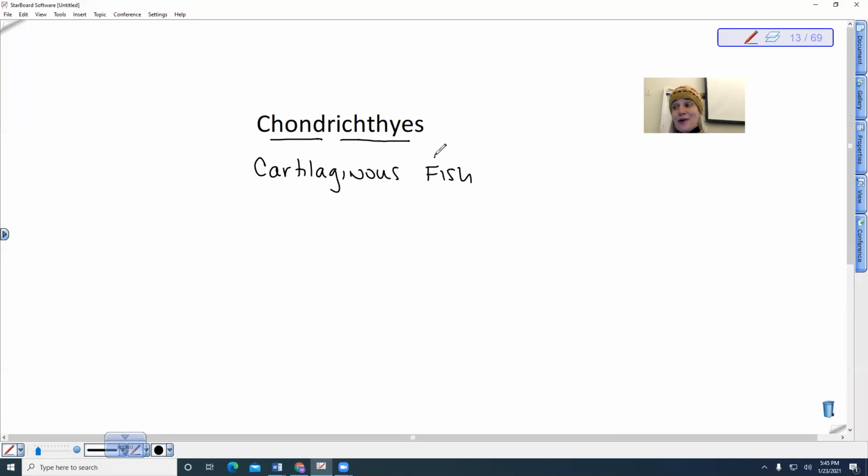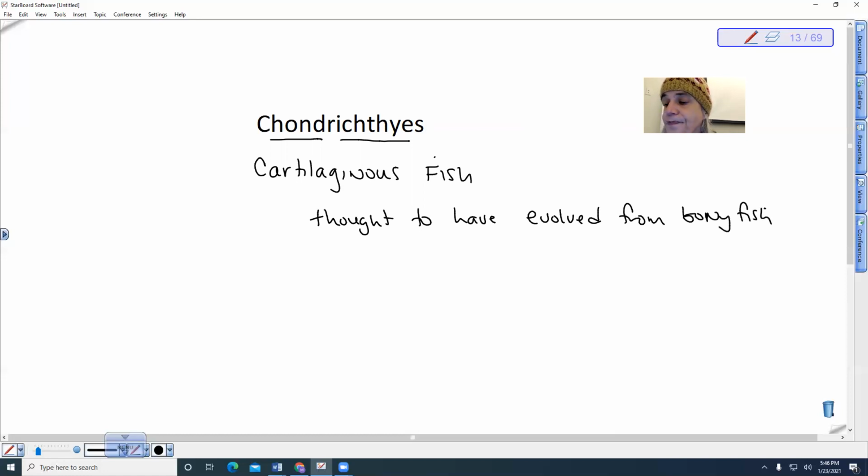We, as embryos, have a skeleton that is made of cartilage. And so it's actually believed that these evolved from bony fish. So I'll put that thought, that's the current thinking, thought to have evolved from bony fish.